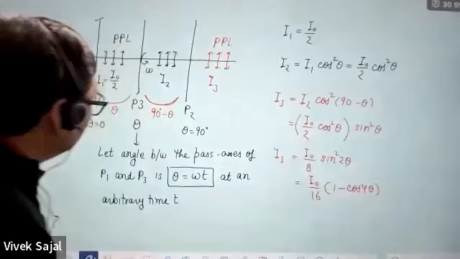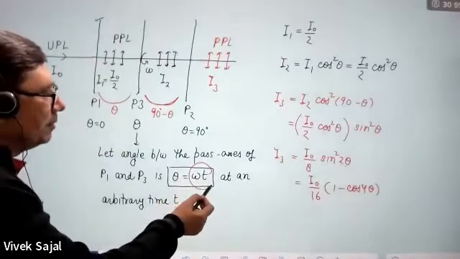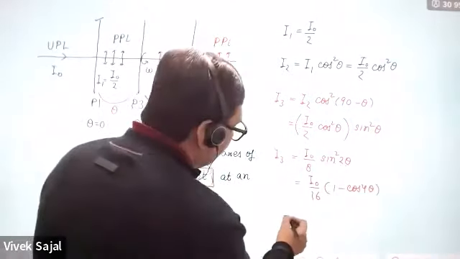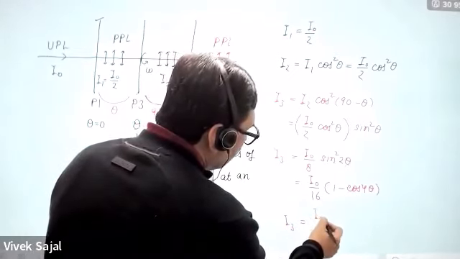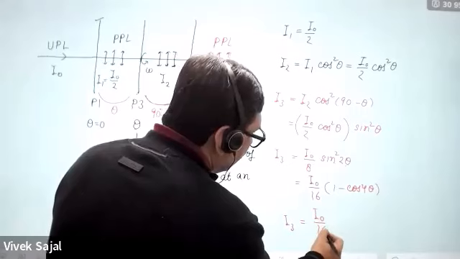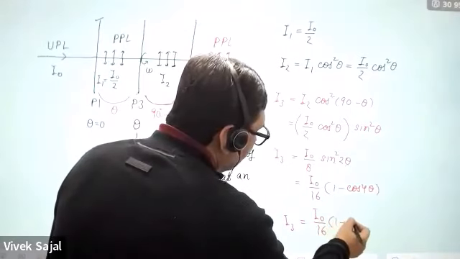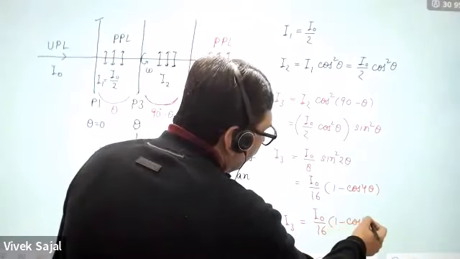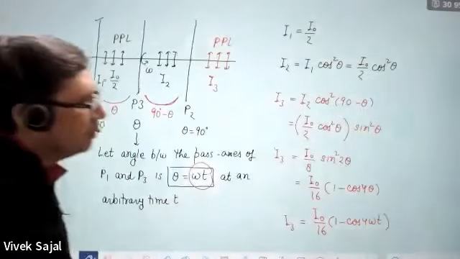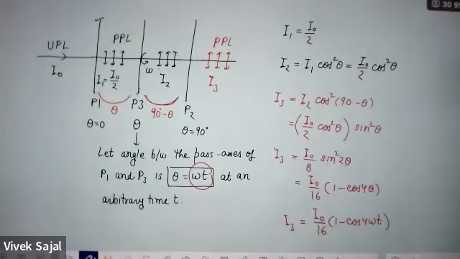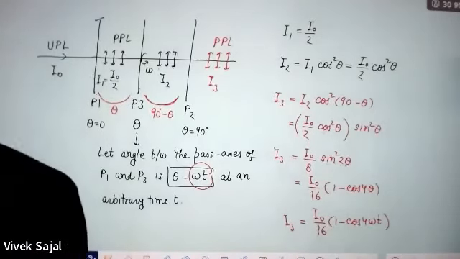Now theta is omega t here. Substitute here. So I3 will be I naught by 16 times 1 minus cos of 4 omega t. This type of question may be there in the exam based on Malus law.